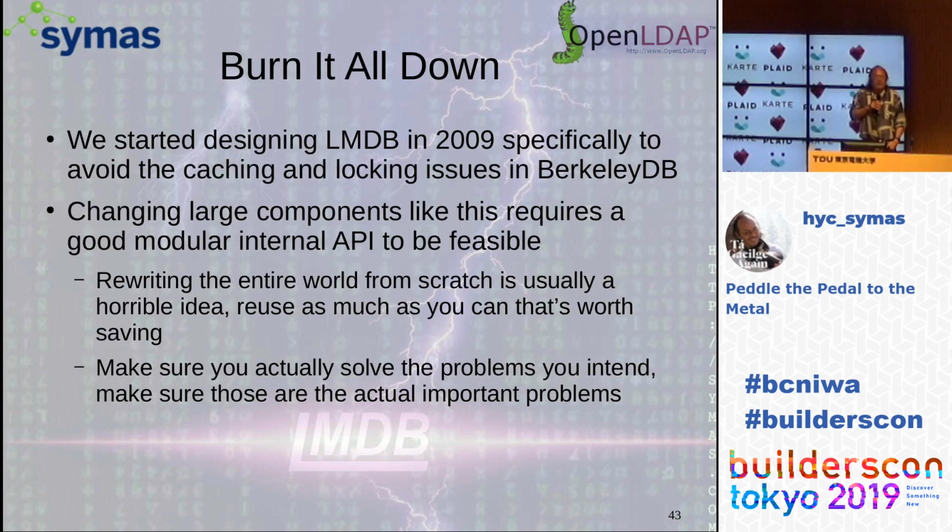Now, changing the entire underlying data store in a large software package is not the easiest thing to do. In our case, it was okay because we had a modular backend interface already. The Berkeley database backend that we were using was actually the second major backend that we'd written with this modular API.